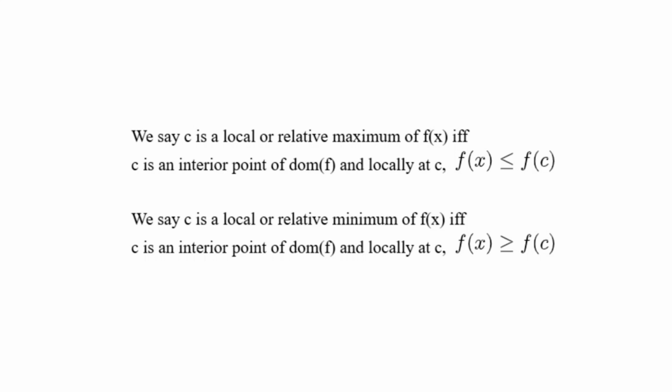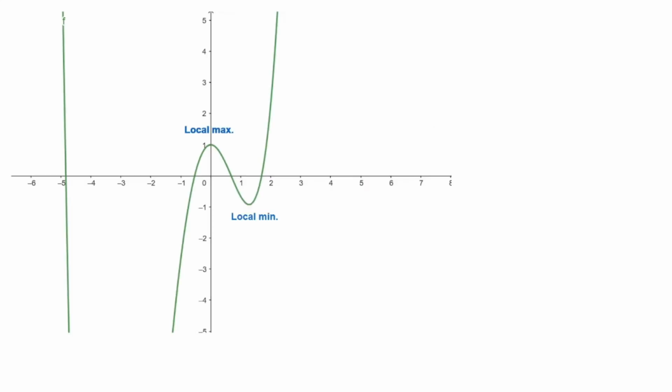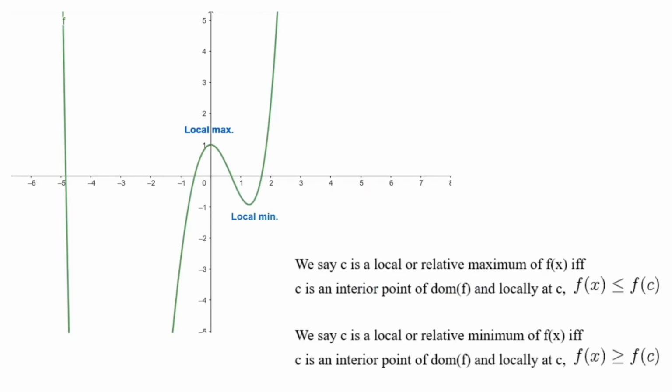Now remember what it means for something to be locally true. That means in an interval around that point containing that point, or in a neighborhood, as you may hear, a delta neighborhood, all the function's outputs are less than or equal to, or greater than or equal to, the function at C. So graphically, you should be able to identify local maximum and local minimum.